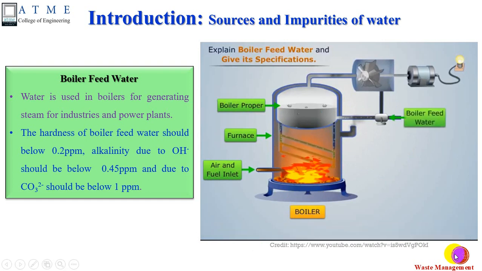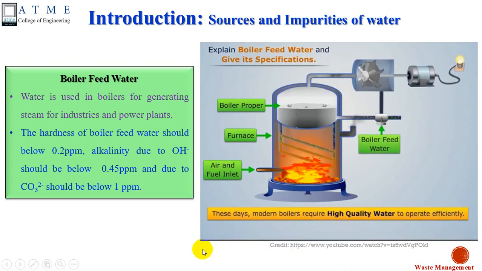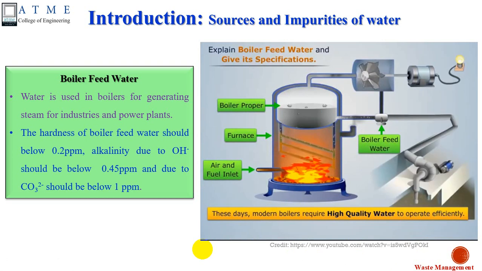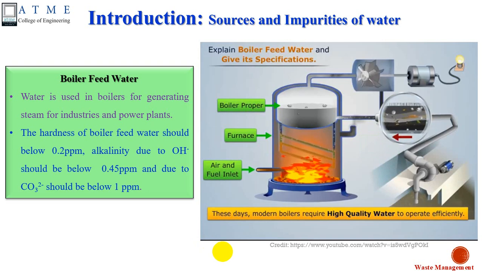The water which is fed into the boiler is called the boiler feed water. These days, modern boilers require high-quality water to operate efficiently. But such water can never be obtained from any of the natural sources, as it contains certain impurities. The presence of impurities in the water makes it unfit for use in the boiler.